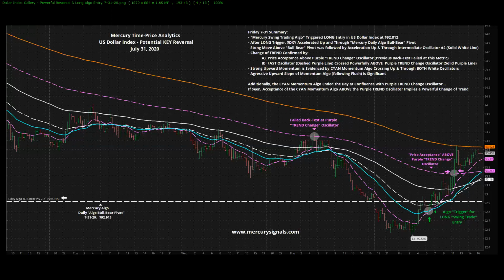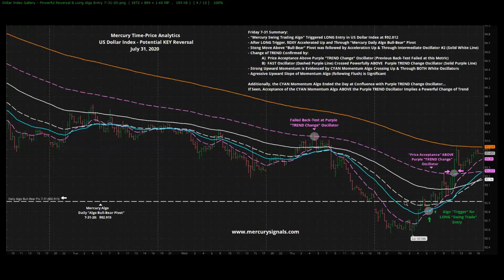Then you get a little pullback that won't come down any further than the fastest oscillator, which is trajecting at maybe a 50-degree angle, 55. And then on top of that, you've got the momentum algo. It really doesn't matter what metric you use. It can be something as simple as a simple moving average.